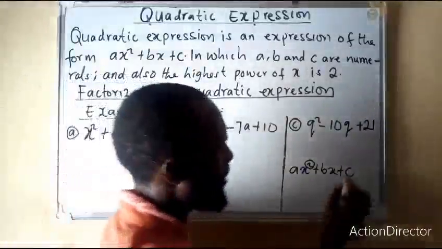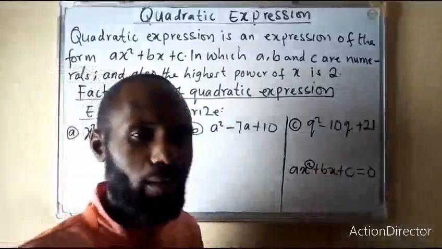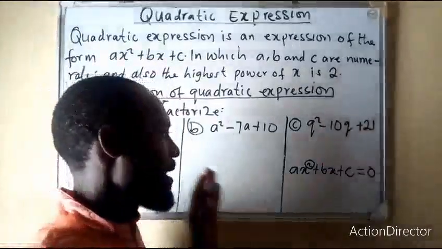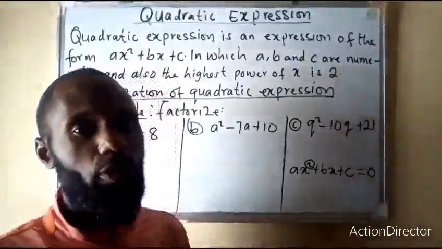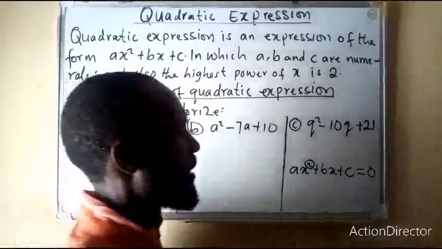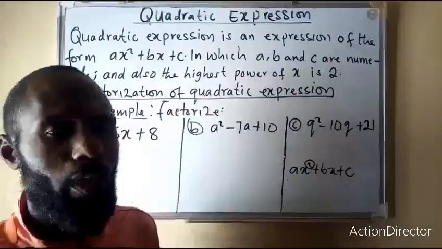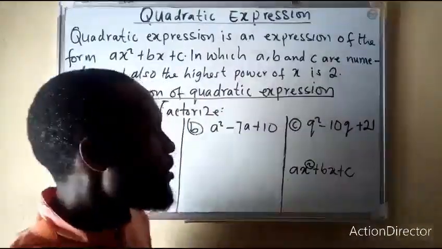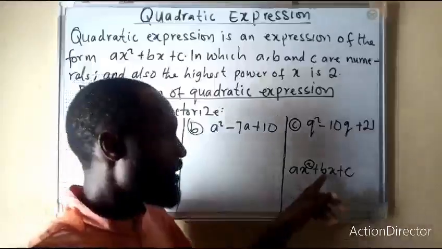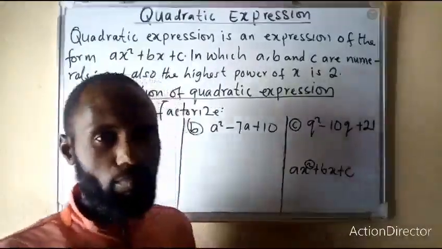But in a situation where you see equal to 0 or equal to any number, it is not a quadratic expression. It is now a quadratic equation. Now we are talking of quadratic expression, meaning without the equal sign, where a, b, and c are numerals, meaning they are numbers.